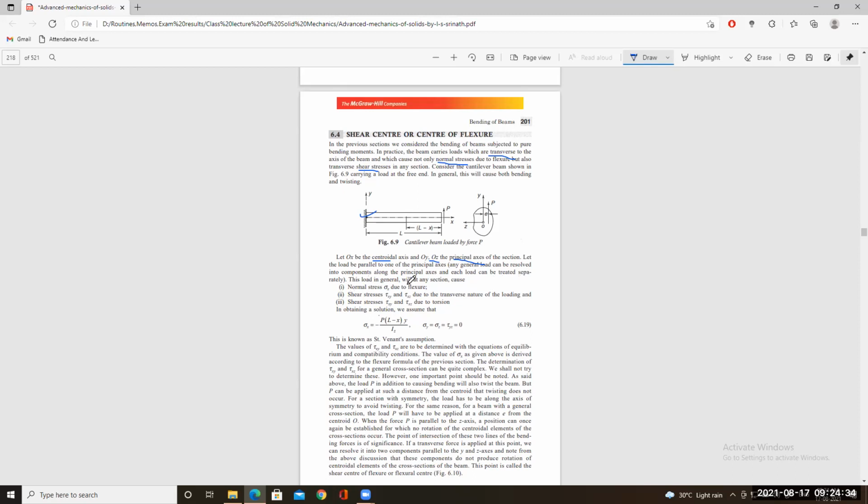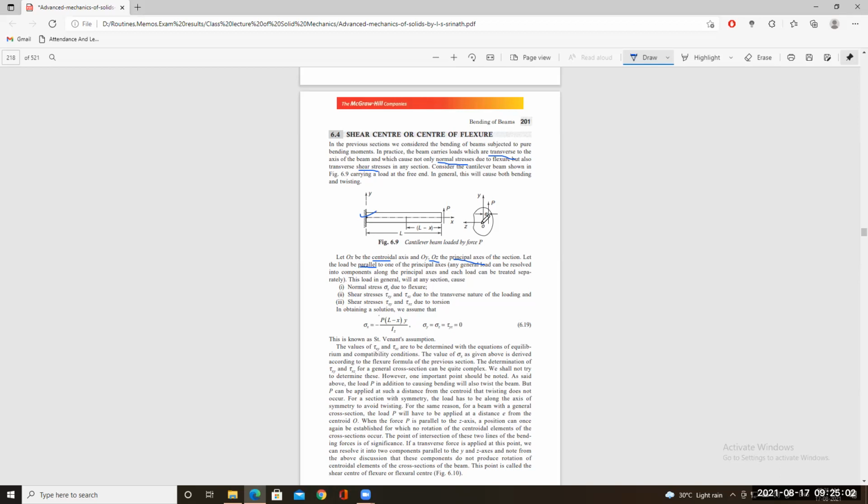Now, due to the action of the external load, one of the loads is parallel to one of the principal axes. Like say P is our load, which is away from but parallel to the y-axis itself, and this external load causes the normal stress sigma due to flexure.